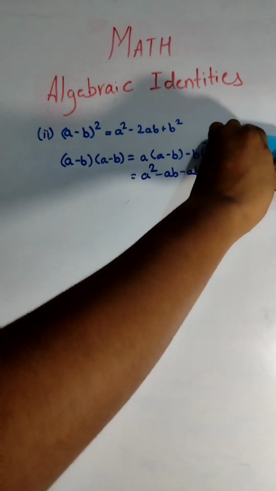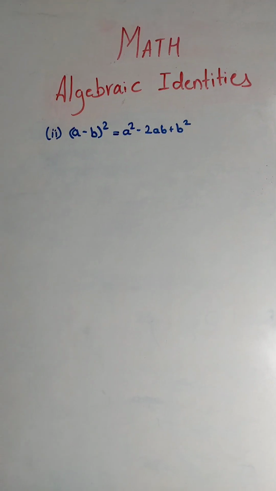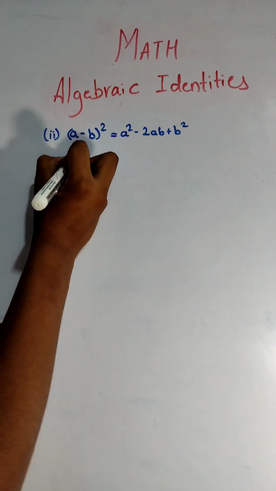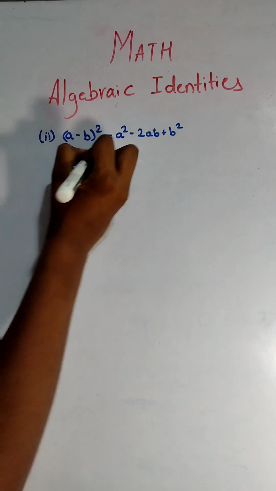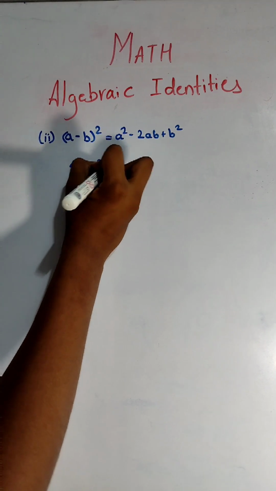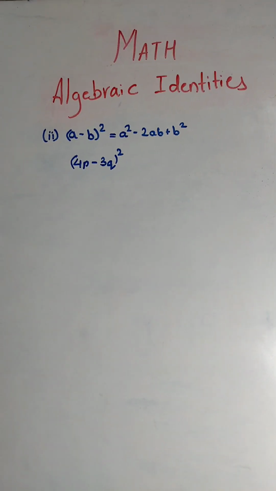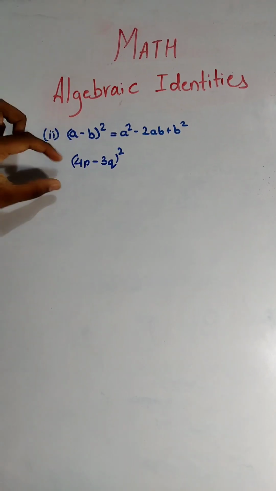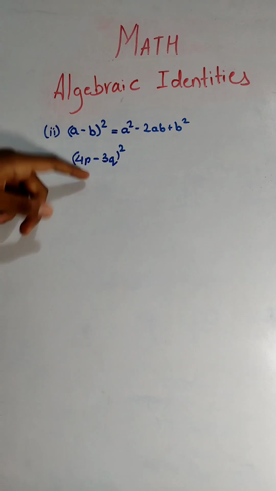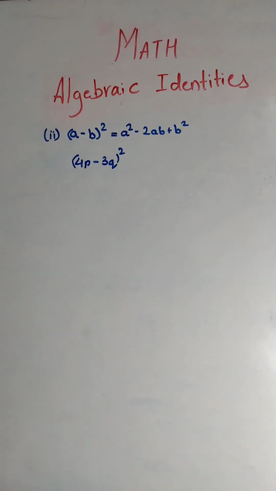Now let's see an example of this identity. Let's take the example (4p minus 3q) whole square. So again the variables might be different, but all we are doing is assigning a the term 4p, and b is assigned 3q. So do not worry about the minus sign.